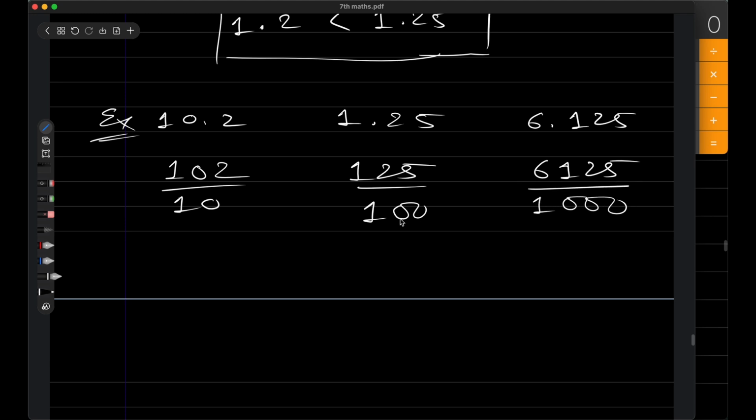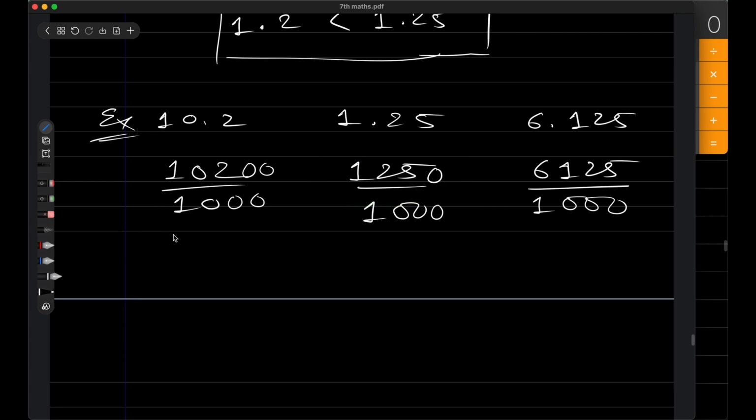Now make the denominators equal. The highest denominator is 1000, so we will make all the denominators equal to 1000. We multiply 125 and 100 by 10, and we multiply 102 and 10 by 100 to make the denominators equal. Now the denominators are equal, so the highest numerator is 10,200, then we have 6125, and the smallest is 1250.